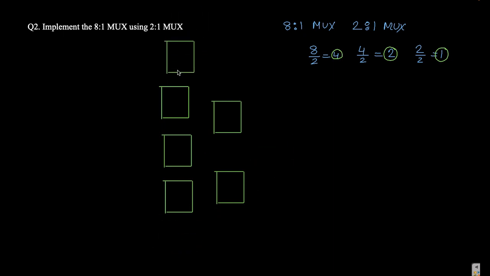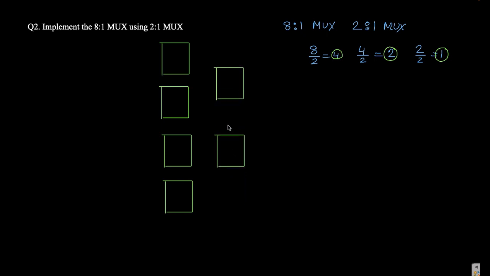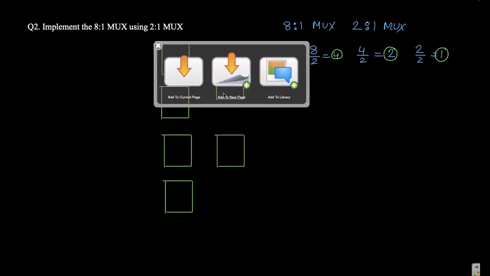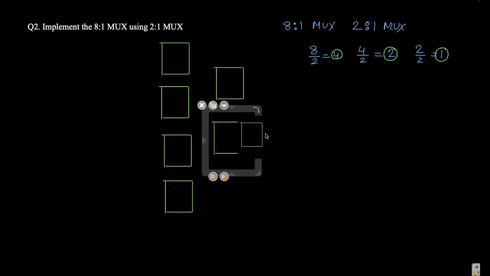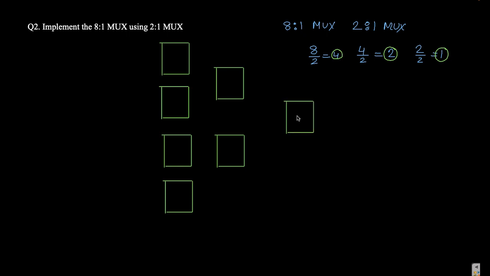You have to connect one mux over here, then we have to take another 2:1 mux. So this is our mux representation.